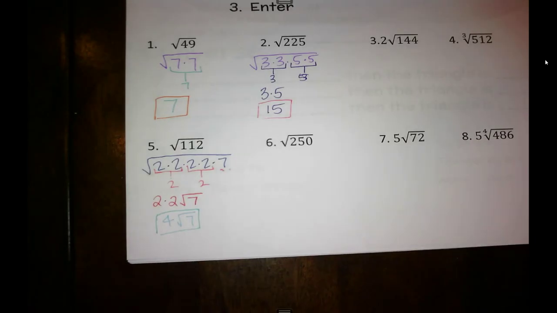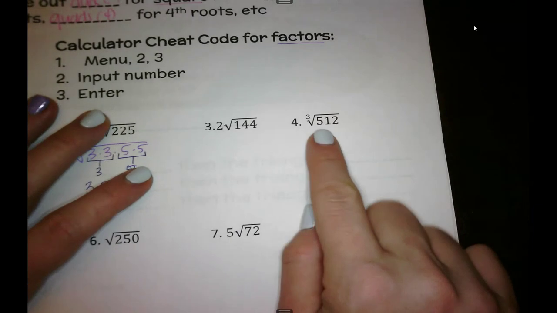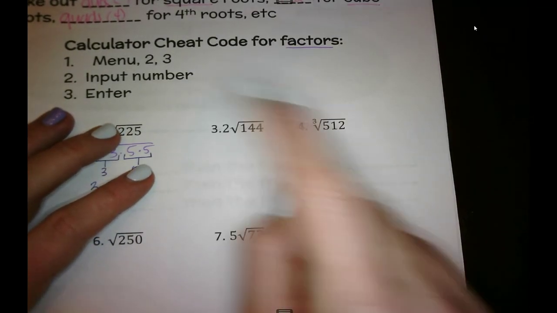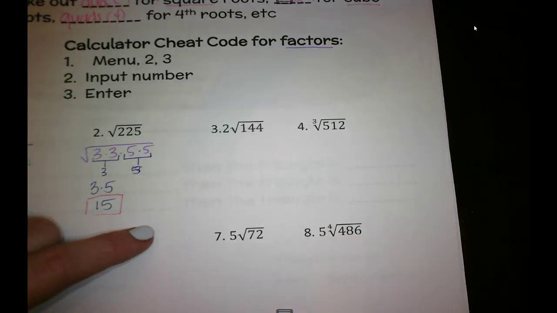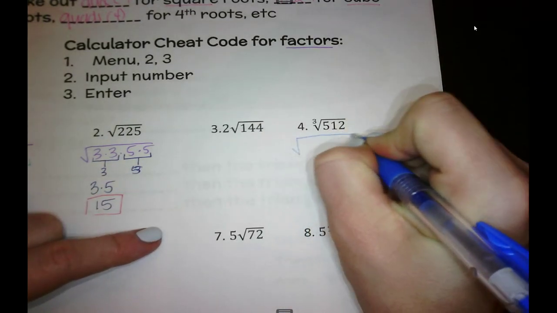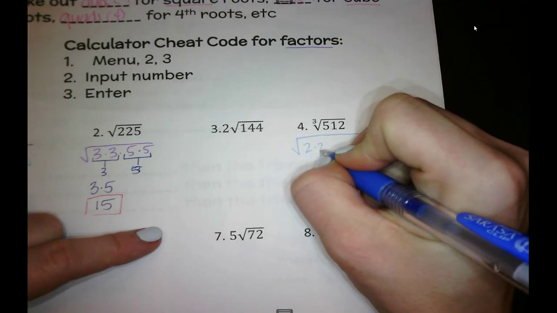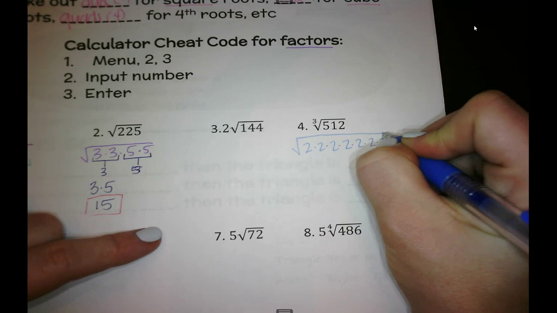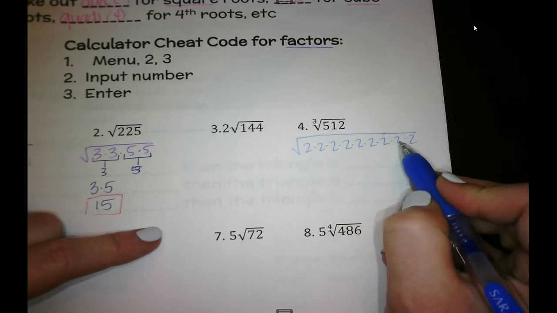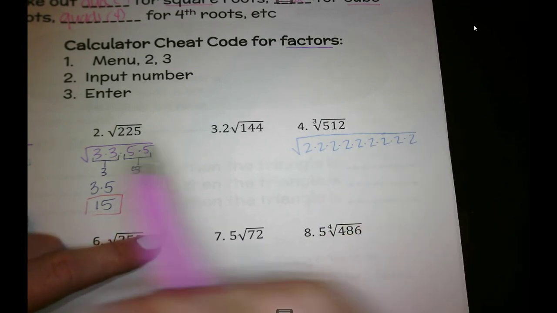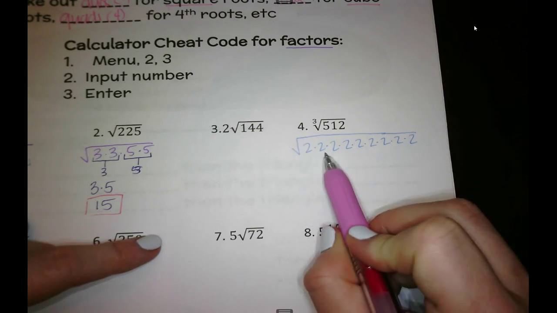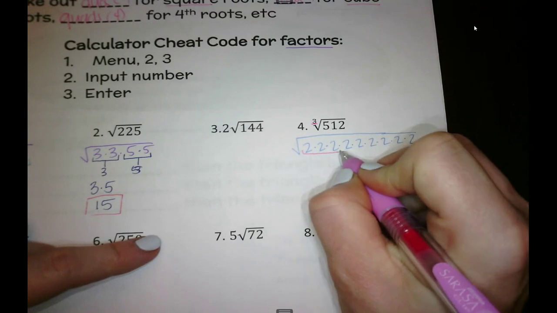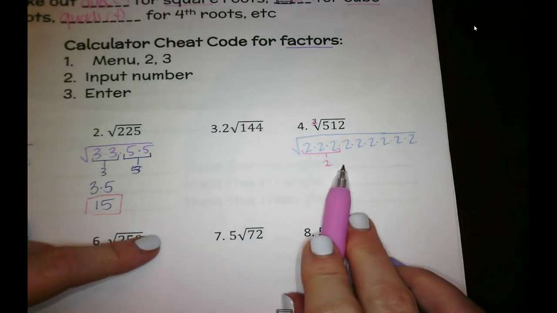Okay? So let's look at this one last example. We've got the cube root of 512. So we're going to go through the same process. Same process, except instead of pulling out groups of 2, this number here tells me to pull out groups of 3, but I'm still only pulling out 1.